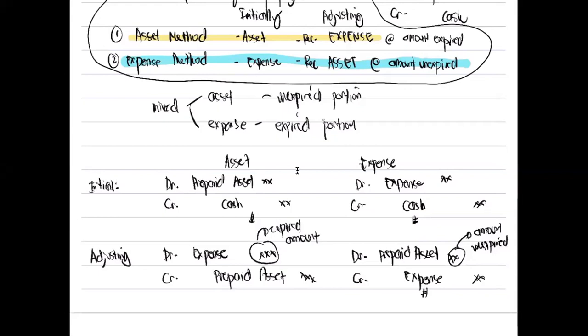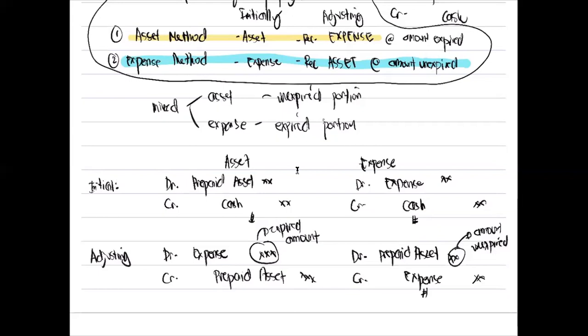Record the adjusting entry on December 31, 2020. Okay, purchase a 6-month insurance costing 24,000 on October 30, 2020. Record the adjusting entry on December 31, 2020.